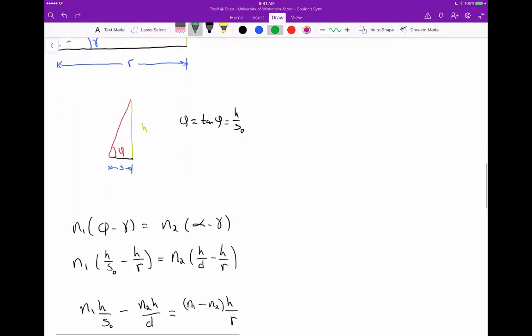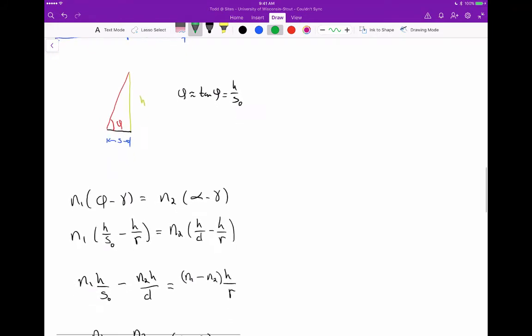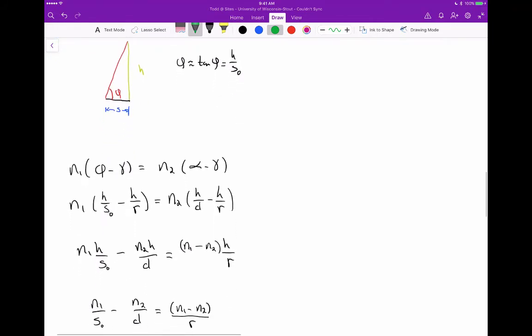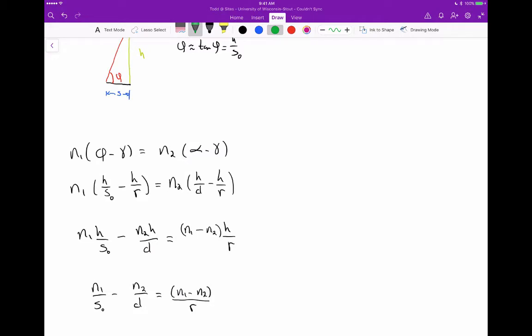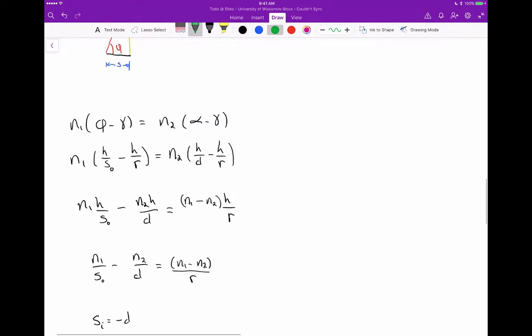Or rearranging things a little bit, we want to make things look a little bit more like the case that we got with the spherical mirror surface. And we get this equation right here. Now we're going to follow the same sort of sign convention we did before.